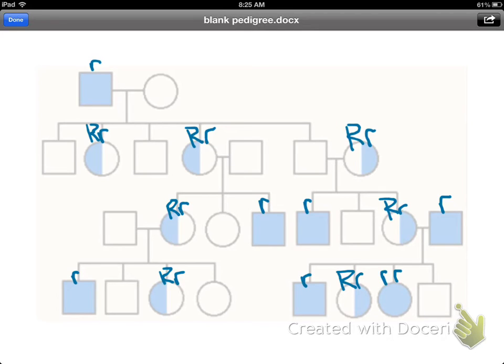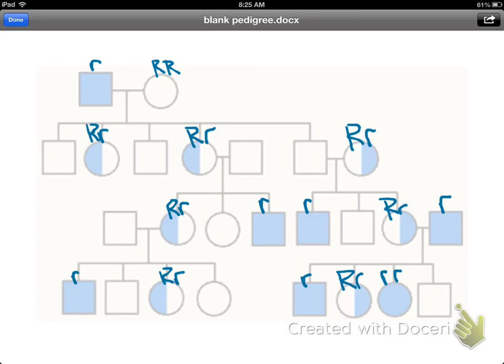All right, and then you just go back and start in your first generation. So if we have a male that has red-green color blindness, marries a female, and they have, if you count, 1, 2, 3, 4, 5 offspring. 2 of the females are carriers. That means they get a recessive allele from the father, and that means the mother must then be purebred dominant, because all the other males do not have red-green color blindness.